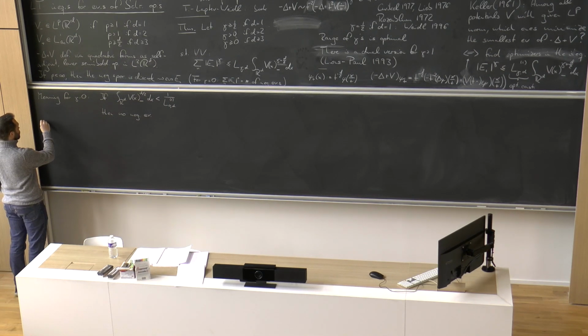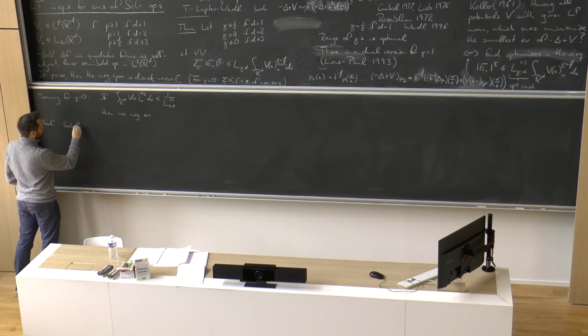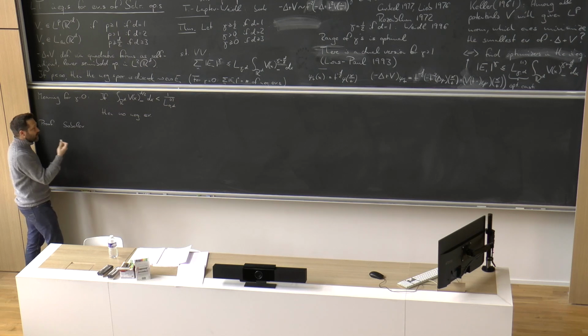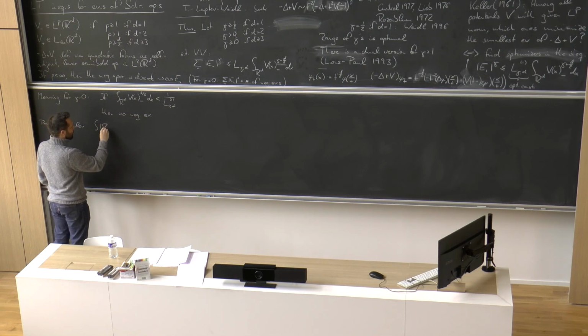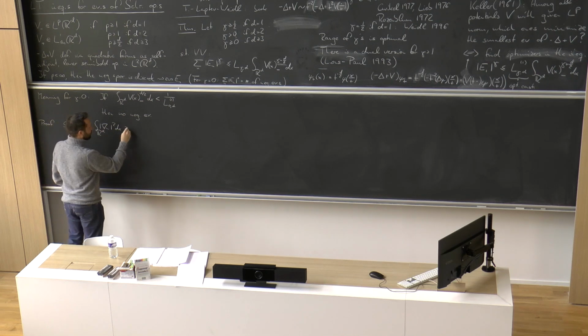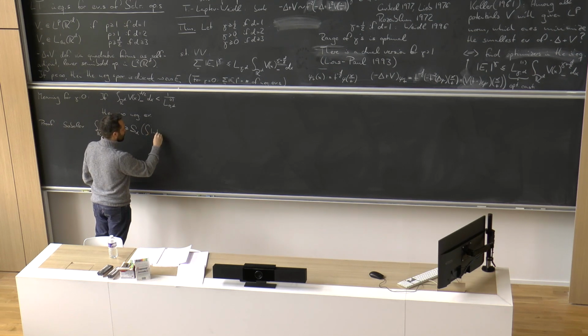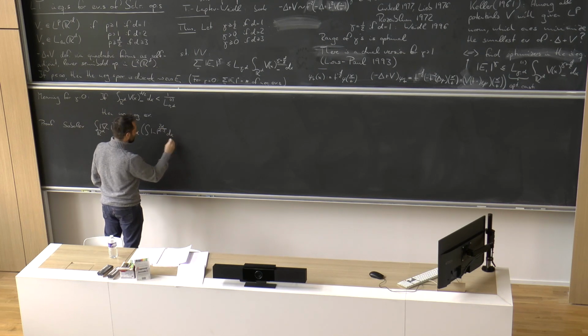So, proof. Think Sobolev. And by Sobolev, I mean really the critical Sobolev. So the exponent is 2d over d minus 2.